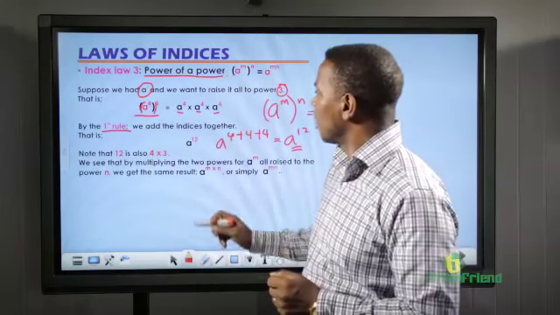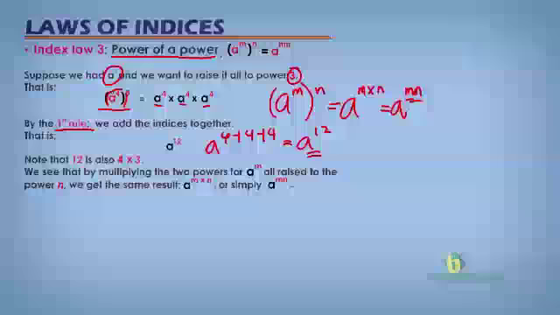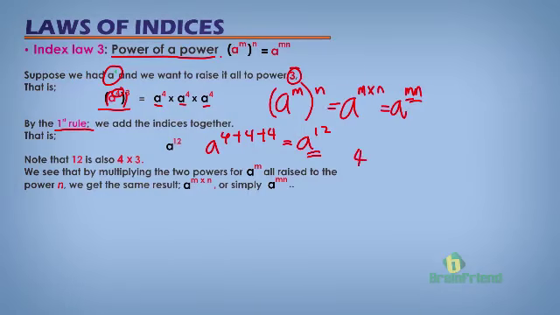Let's see. If we took our power 4 and multiplied it by the other power 3, it would also come up as 12. So this expression becomes a raised to power 12.